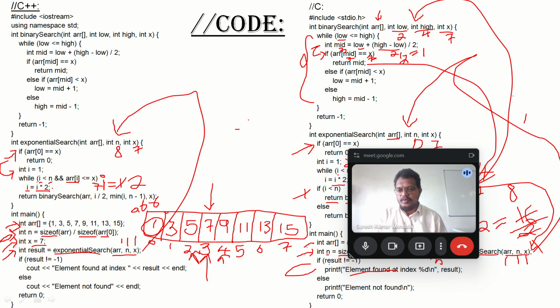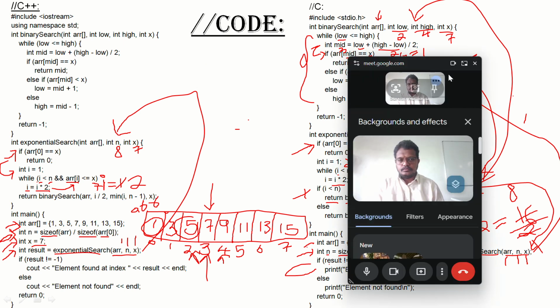Then it goes from here again to the while loop. What is the i value now? 2. 2 less than what is the n value? 8. 2 less than 8, the condition is true. And arr of i, within arr of 2, what value do we have? 5. 5 is less than or equal to 7, the condition is true. When the condition is true, what are they trying to do?